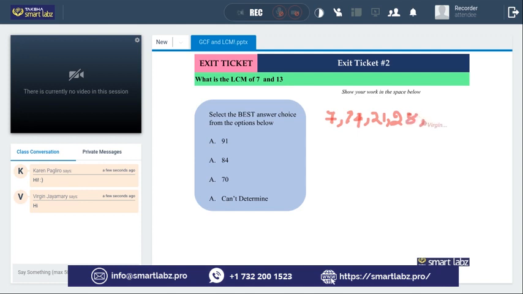I think we've already done this. 7 and 13. 28. 1, 2, 3, 4, and 5 is 35. 5 times is 35. 6 times is 42.